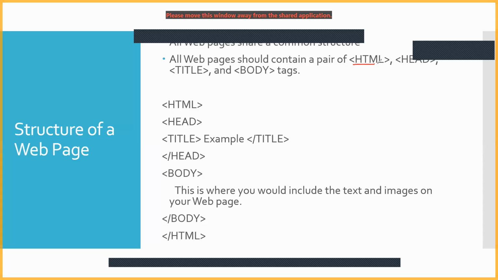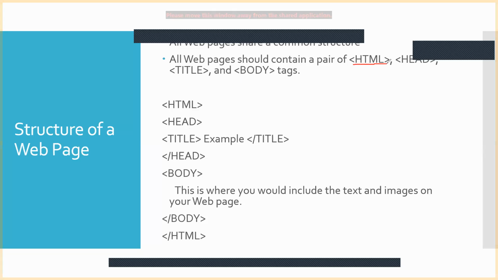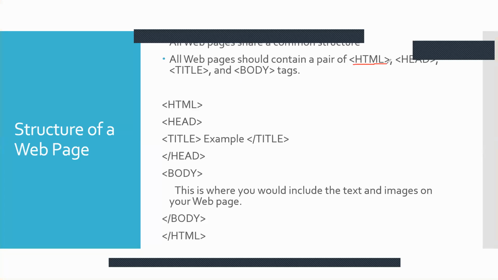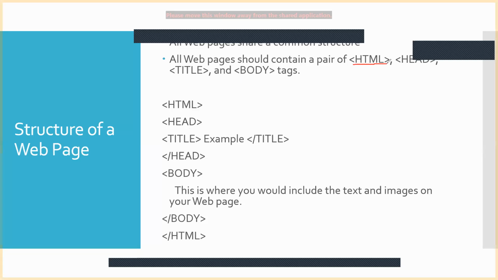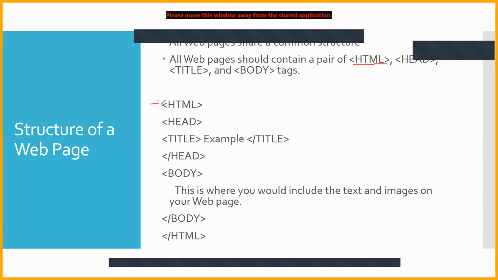The first tag required is the HTML tag. The starting and ending HTML tags are required when we make a simple web page. You can see that is the starting of the HTML, and at the end of your program code, you have to write the closing HTML tag again. Then we have one essential tag, the head tag.